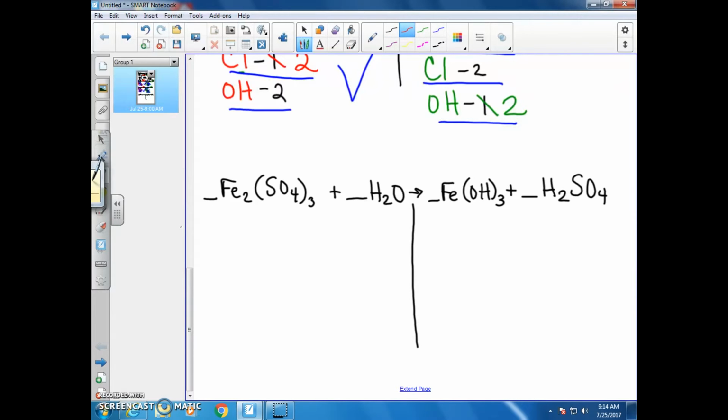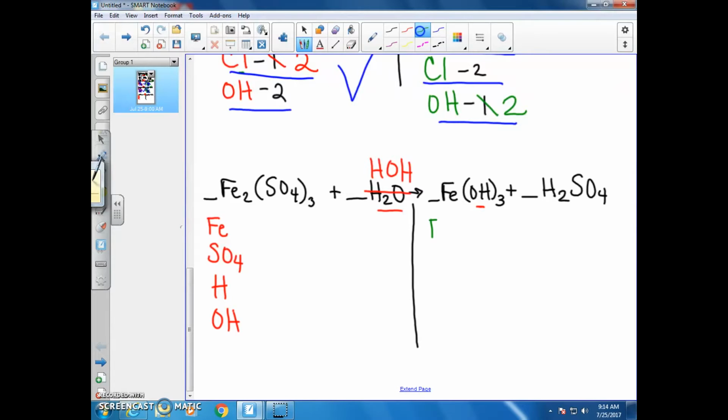So on the reactant side, we have Fe. I'm going to leave the SO4 together. And now I'm going to look at this water, because if you look on the other side, I have an OH. So there's a trick to this. You can actually rewrite your water as HOH. That way I can have a hydrogen and a hydroxide.